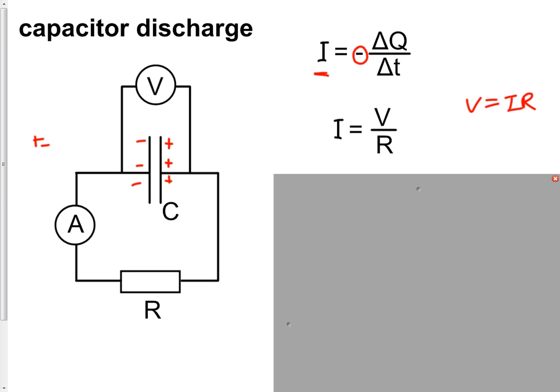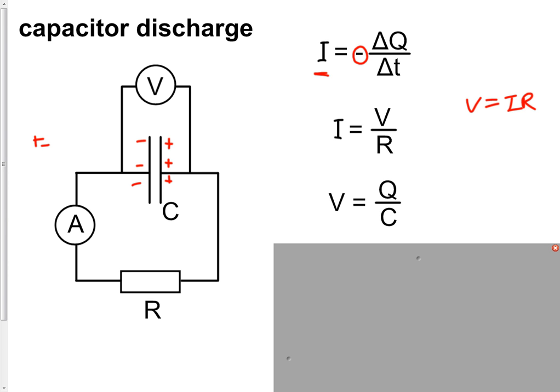But first I'm going to add in another equation, V equals Q over C, which comes from the capacitor equation Q equals CV, or C equals V over Q, depending on which way you have it memorized.